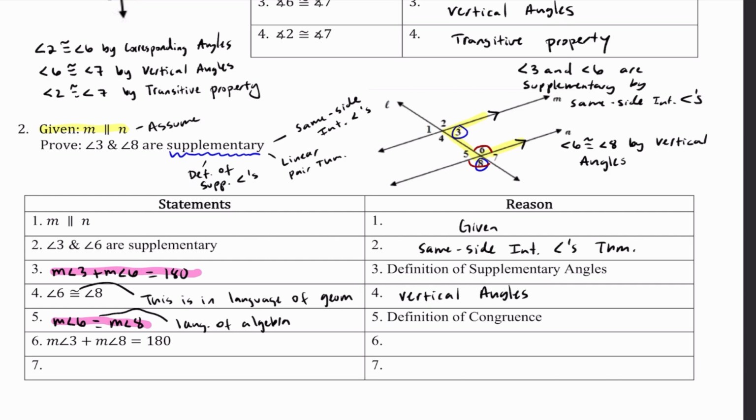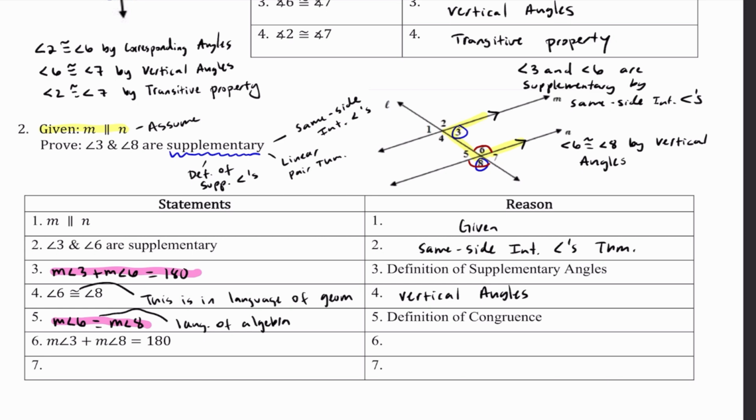So what happened here was initially the measure of angle 3 plus the measure of angle 6 was equal to 180. The measure of angle 6 got replaced with the measure of angle 8 because statement number 5 says measure angle 6 is equal to the measure of angle 8.